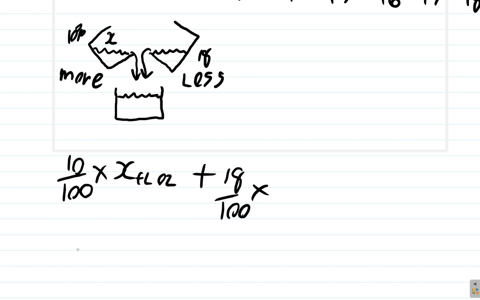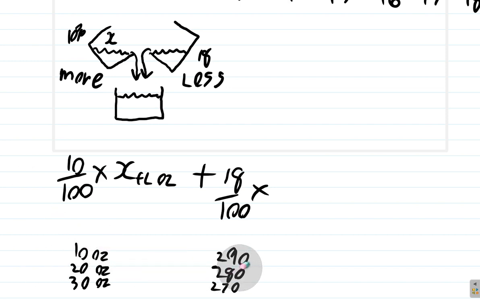So if, for example, we had 10 ounces of 10%, we will need 290 ounces of the 18%. If we had 20 ounces of the 10%, we will need 280 to add up back to 300. If we had 30 ounces of the 10%, we would need 270 ounces of the 18%, and so on.